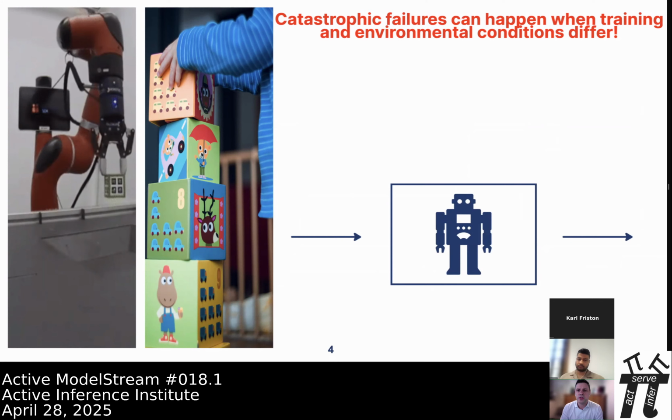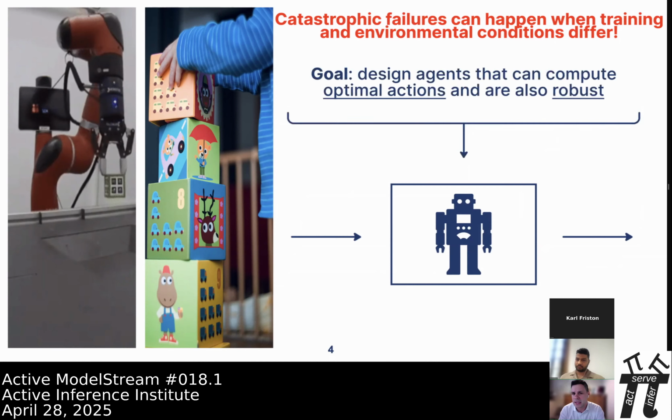So we would really like to design policies, that is, make decisions that allow agents to compute optimal actions that are also robust against certain mismatches that we will see soon. I know this is a much broader topic, because there is a lot of research that spans from material sciences, designing better actuators, better sensors, better software, etc. Here we are really interested in the intelligent step.